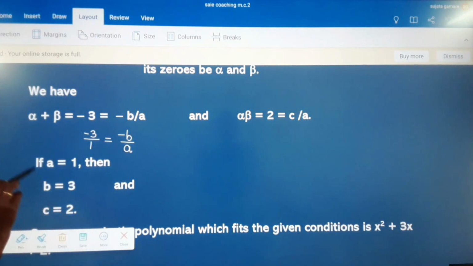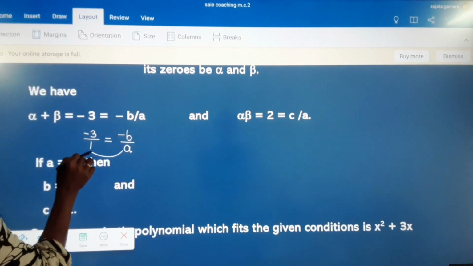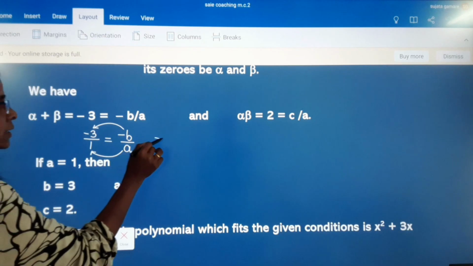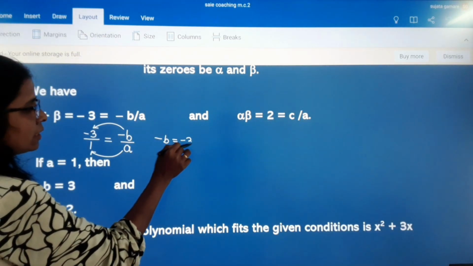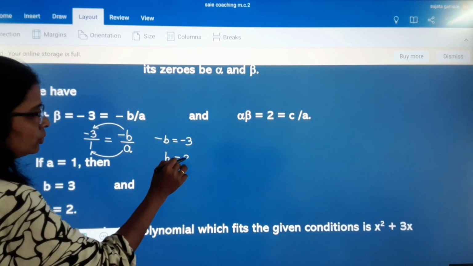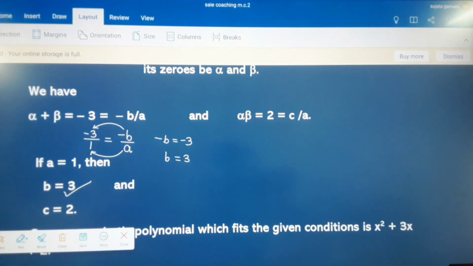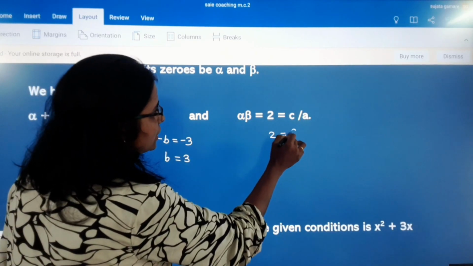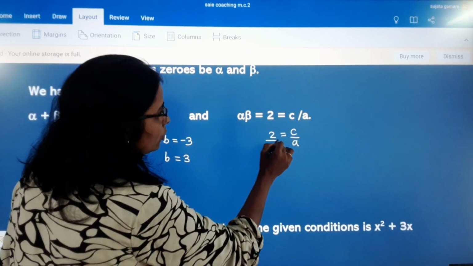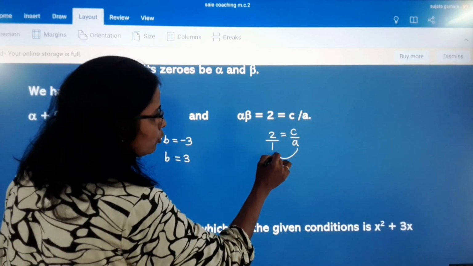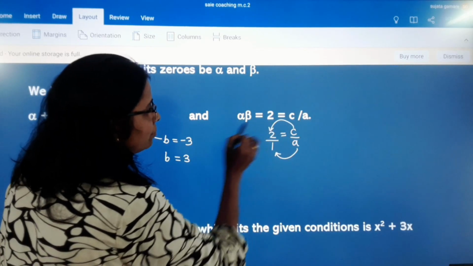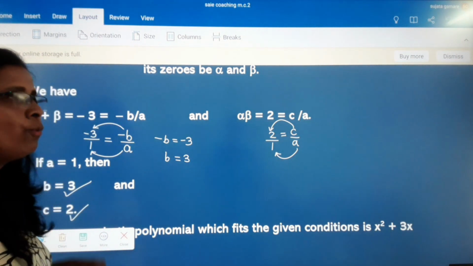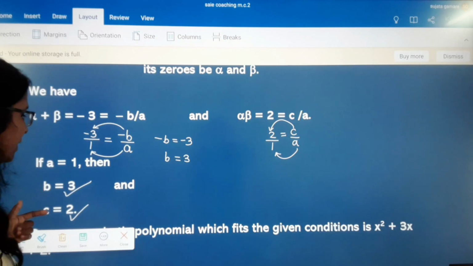If we consider a as 1, then minus b is equal to minus 3, that means b is equal to 3. And the product, 2, is equal to c upon a, 2 upon 1, so a is equal to 1 and the value of c is equal to 2. So now we get the values of a, b, c.